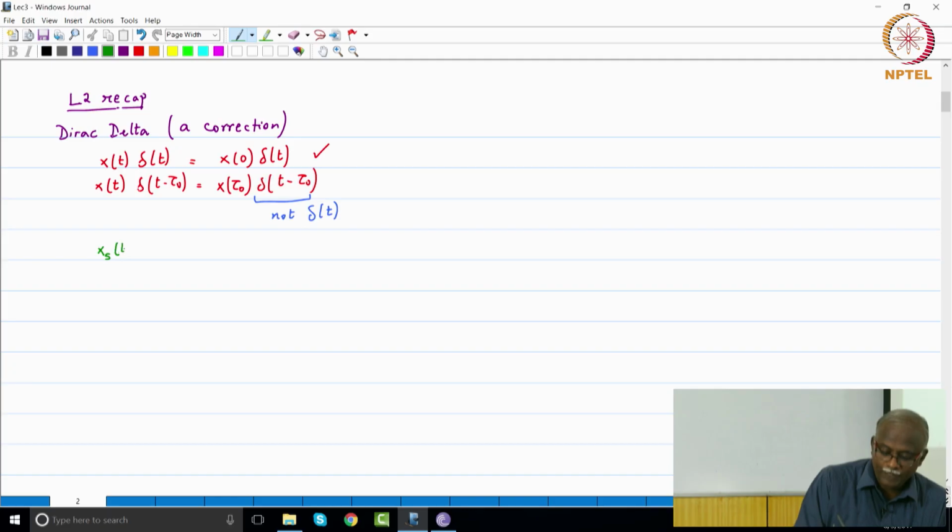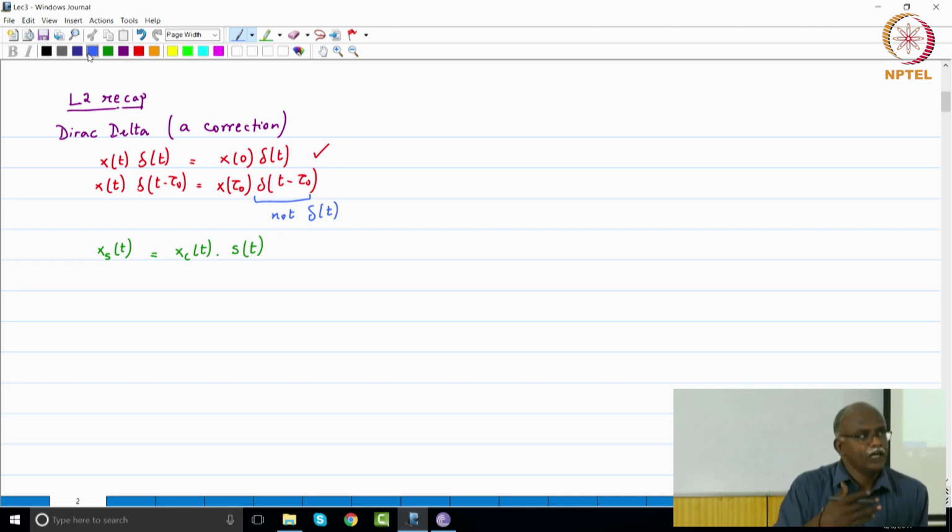The second point that we had discussed in depth was that we are trying to sample a continuous time signal. So the sampling part comes by multiplying the continuous time signal xc of t with a train of Dirac impulses, and this is the sampling function for which you have to specify the sampling period. In the time domain, we have the straightforward representation of uniform sampling.